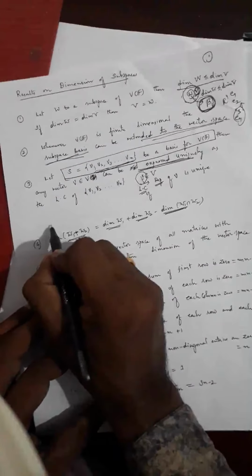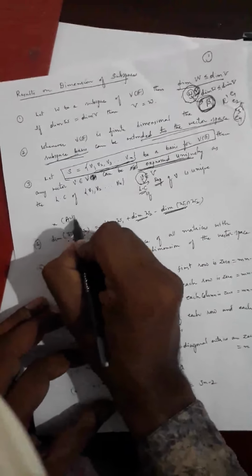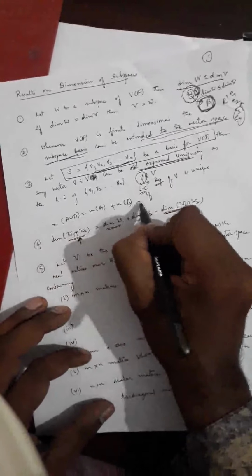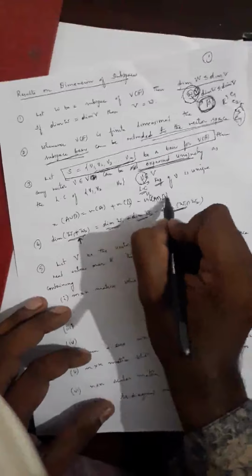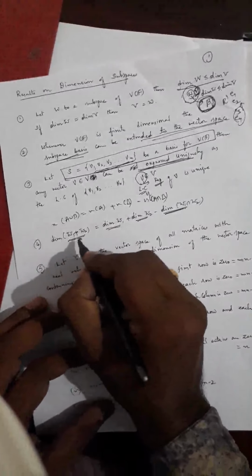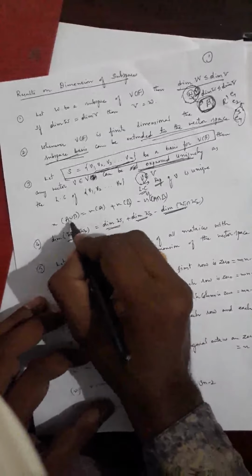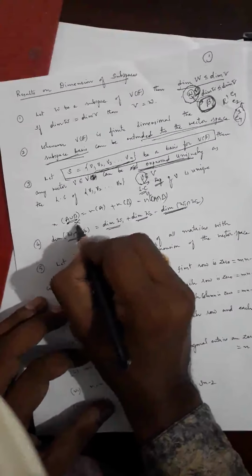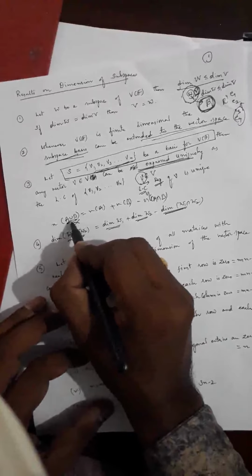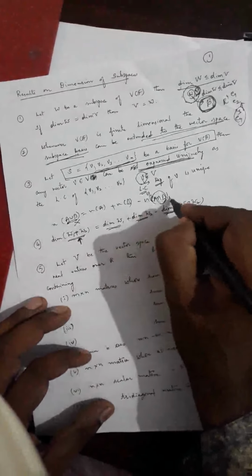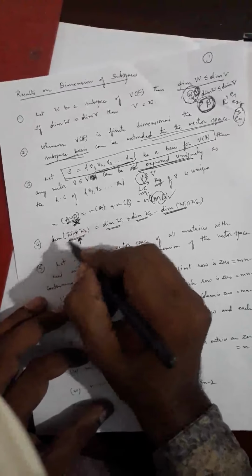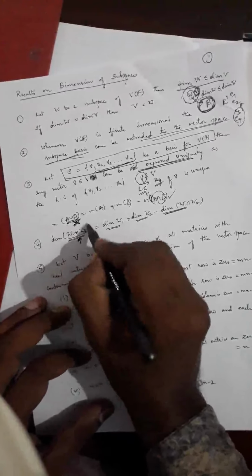The idea is this: we already know n of A union B is n of A plus n of B minus n of A intersection B. The set theory works here, but once we are discussing subspaces, the union of two subspaces need not be a subspace. Suppose A and B are any two subspaces of the vector space. A intersection B will be a subspace, but A union B will not be a subspace.